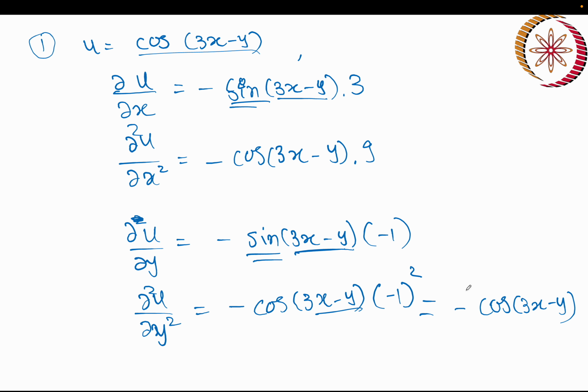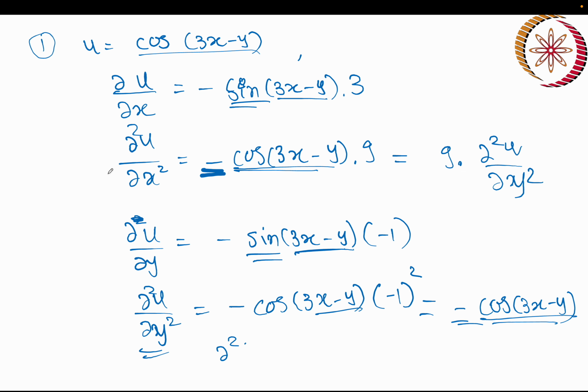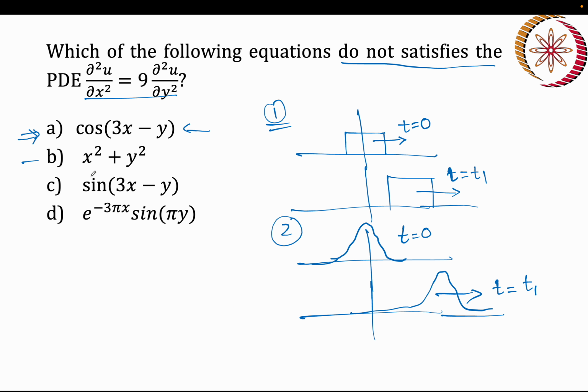You can see that this term is the same as this one with a minus sign. So we can write 9 into this term, which is dou square u by dou y square, and which is nothing but the equation also. So the first equation works, so we can try the next equation.